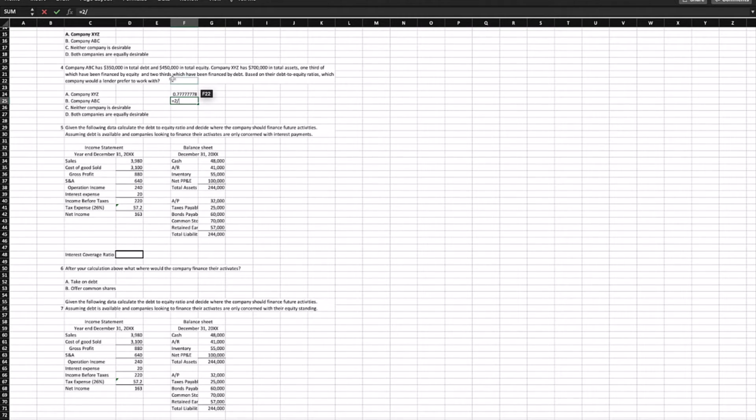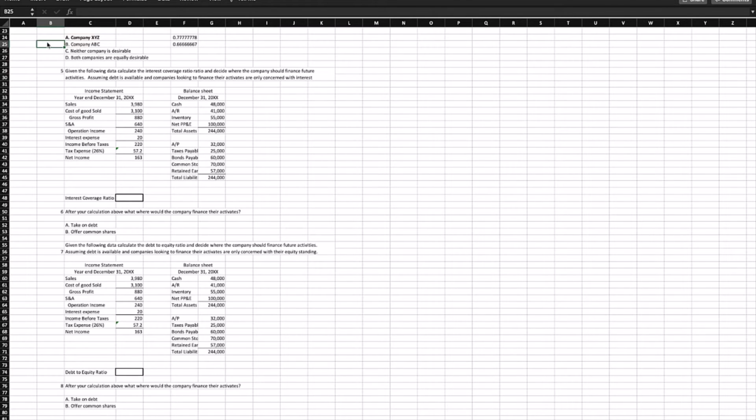So 2/3 or 0.666, or they have 67 cents of debt per $1 of equity. So in this sense, company XYZ is the better choice for taking on more debt because they don't have as much debt at this time.